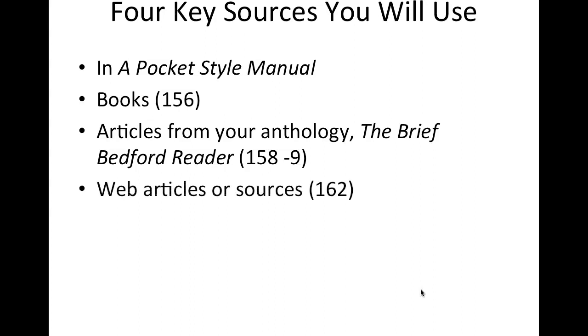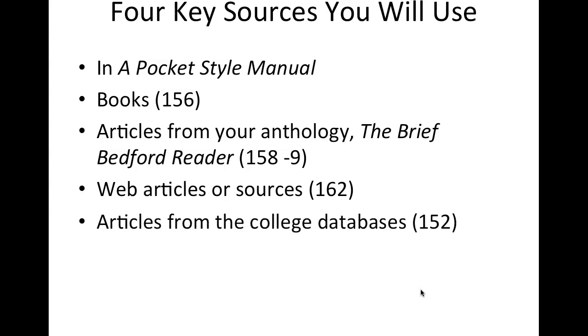On page 162, it tells you how to organize information from web articles and sources in your entry, and finally from articles from the college databases on page 152. So take note of those page numbers and realize that that's going to be almost all the sources that you're going to use. You have it right there listed in your Pocket Style Manual.